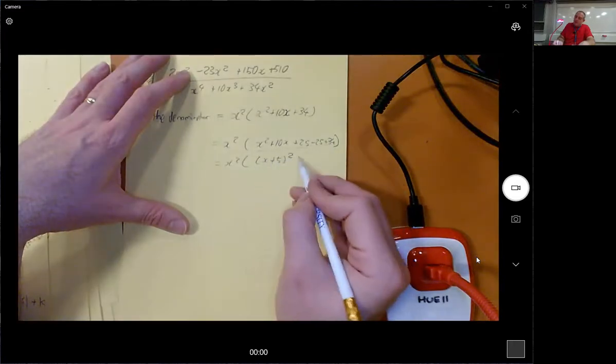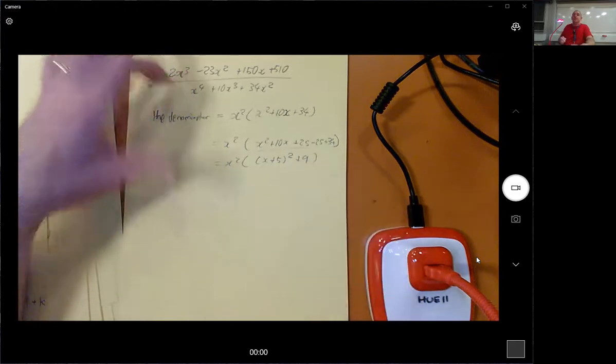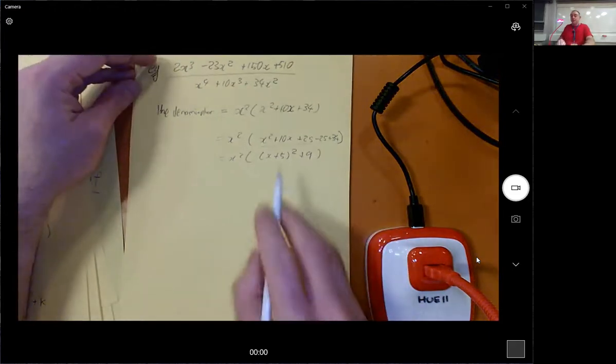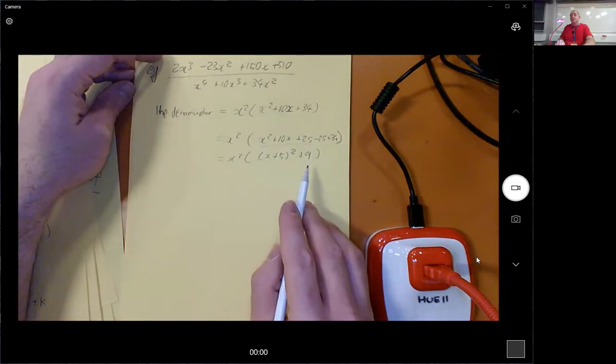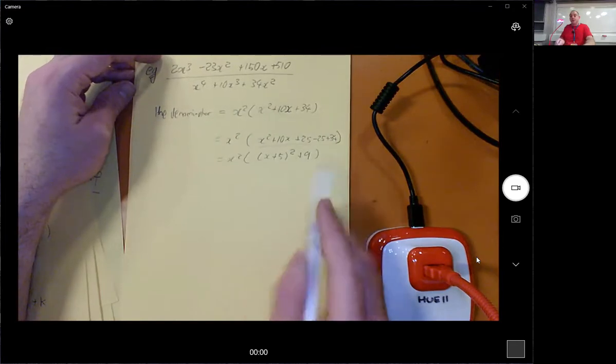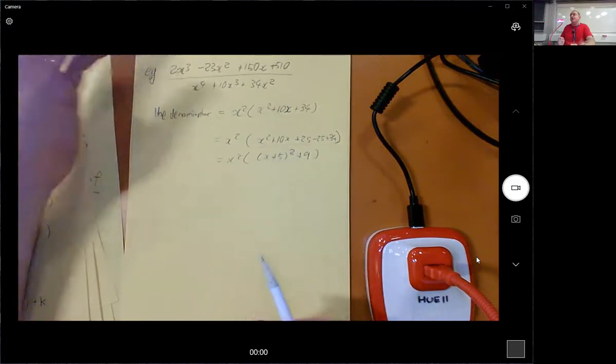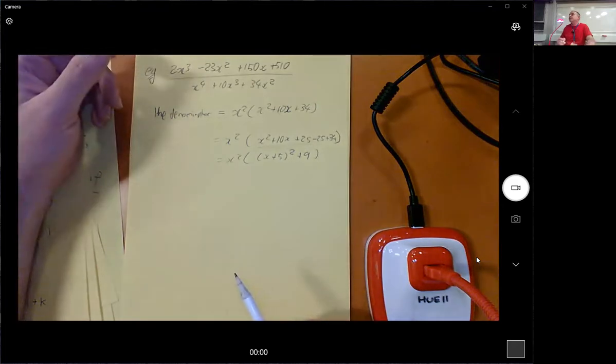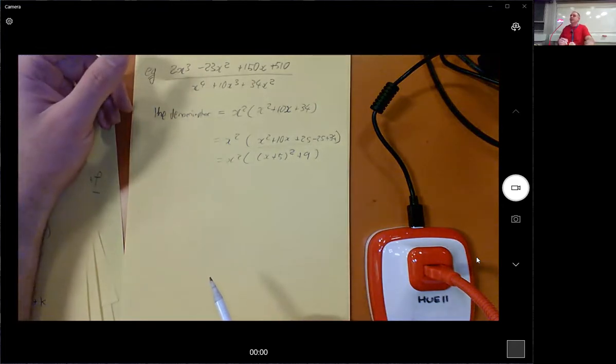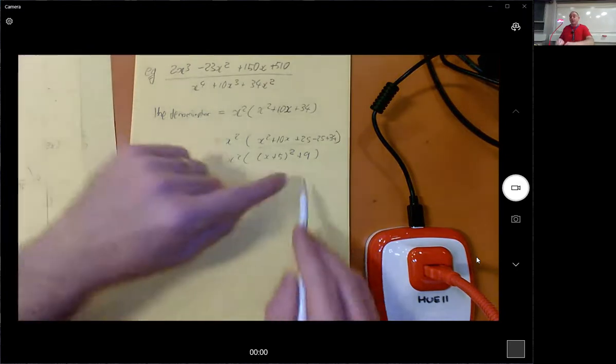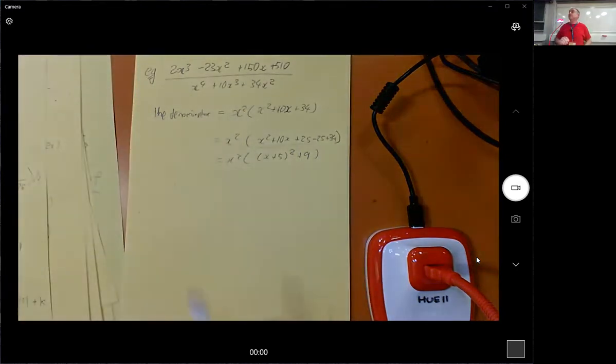And 34 minus 25 is 9. This is not going to factorize, because for this to be equal to 0, this would have to be negative, and it's a squared, so it's not going to work. How do we feel about that? So if when you complete the square, you've got a plus here, it's not going to factorize. Okay, that's sad. It's not going to factorize that, sadly.